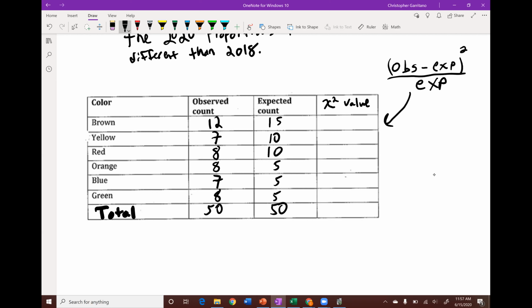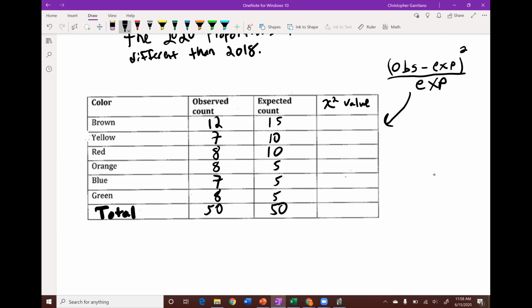And the reason that we're squaring that numerator is because if we did not square the numerator and we ended up adding all of the chi-squared values up, then we'd get a sum of 0, because there is as much difference below as there is above when we're comparing observed and expected.